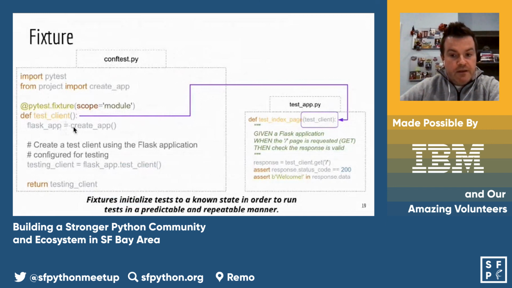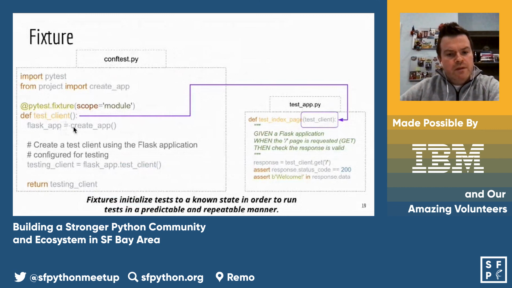By returning that, it becomes available within the test function. So this fixture gets called first to create the test client, and then that test client can be used within our test function. The fixture initializes everything for you so that the test function can run in a known state.